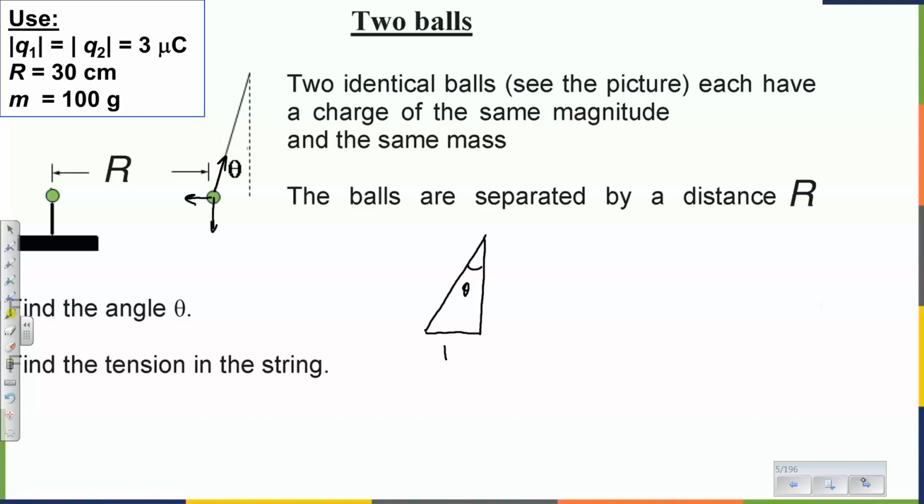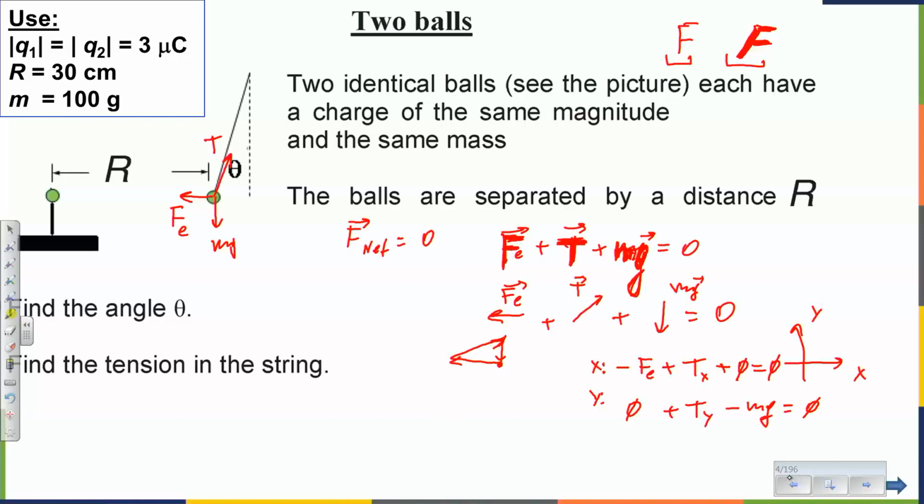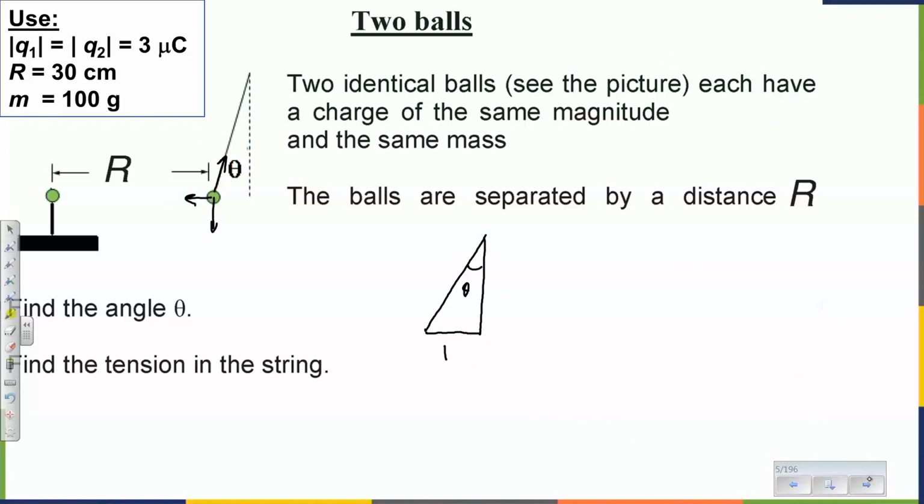Now in this triangle, I was adding vectors, so each arrow has an arrowhead. But now I don't need the directions anymore. Now in this triangle, each side represents the magnitude of that particular force.